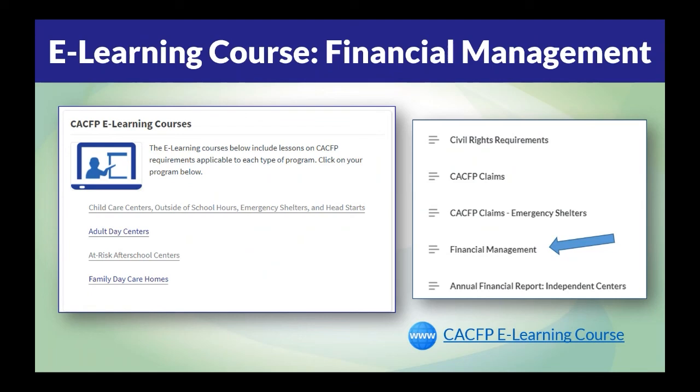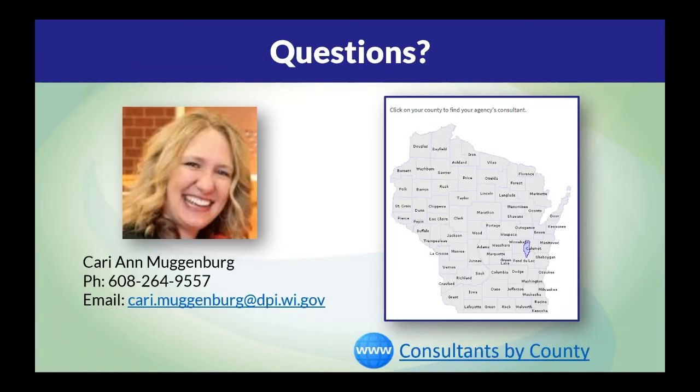The link to access the e-learning course is on the slide. If you have questions about CACFP financial management, please reach out to me. My email address is on this slide. You can also reach out to your agency's consultant at the Consultants by County link on this slide.